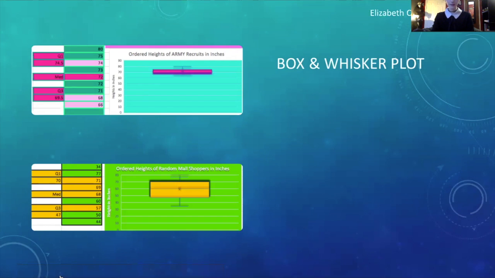Box and whisker plots. I wouldn't say necessarily the bane of my existence, just frustrating until you understand it. So, in a box and whisker plot, let's explain it like this. The ends of the box are the upper and lower quartiles.